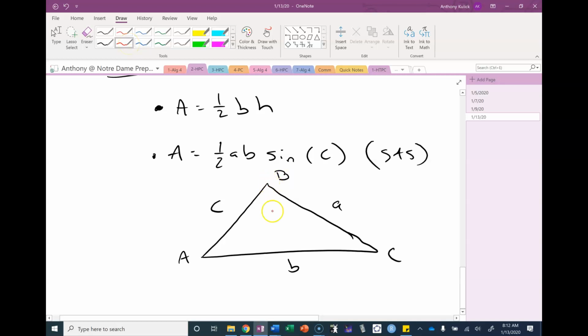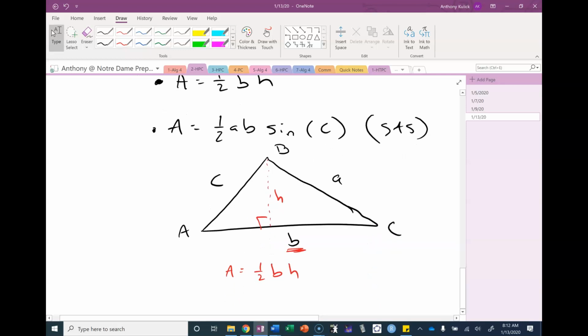So I know that area is 1/2 base times height. In this case, we're going to think of B as the base, and H is going to be the height here. The side that the height is perpendicular to is always the base, right?